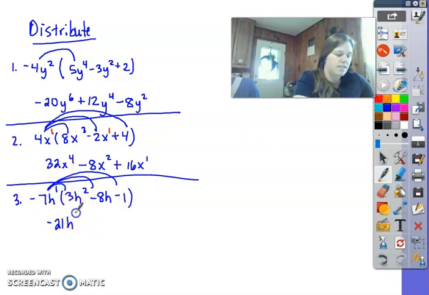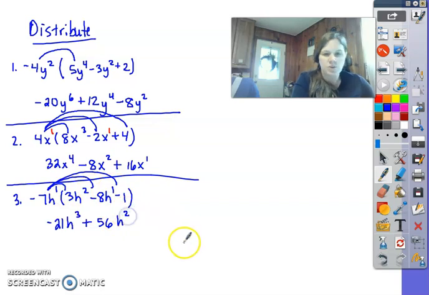Hopefully you say 3 because of that 1 on that h. Negative 7h times negative 8h. Negative times a negative leaves you with that positive. 7 times 8, 56. H to the first, h to the first. 1 plus 1 is simply 2, so h squared. And then negative 7h times negative 1 leaves you with positive 7h.